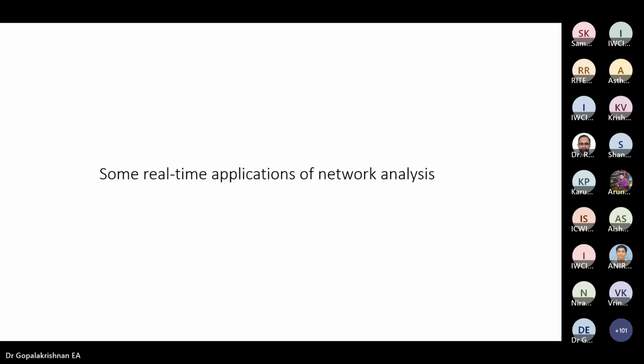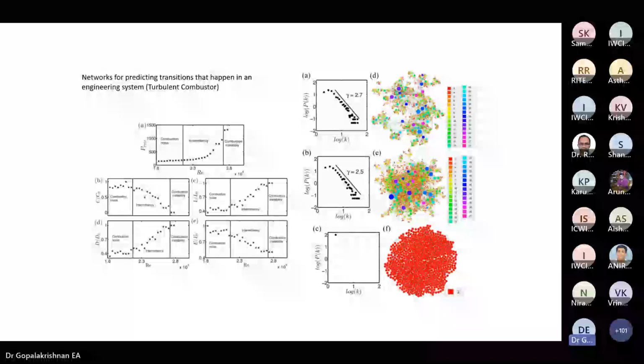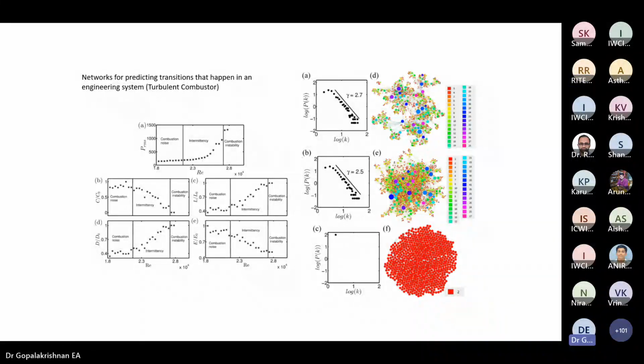Now some real applications. You can see that this was again using the visibility algorithm. The transition that happened in a turbulent combustor was captured. What we used is what is known as a recurrence network, which is created from a recurrence plot. From that we were able to understand the transitions that happen in a combustor.